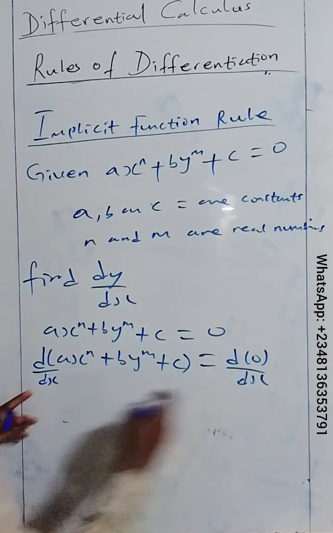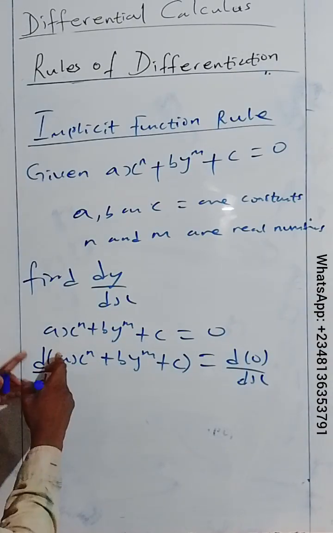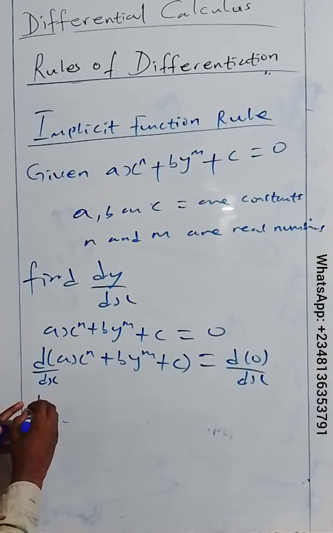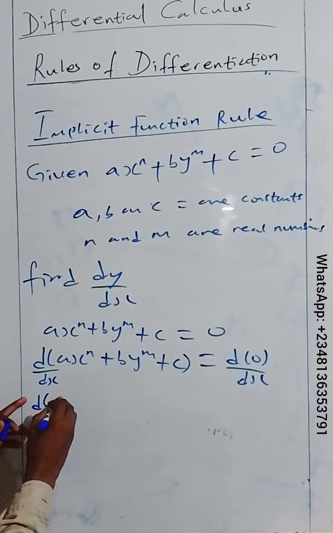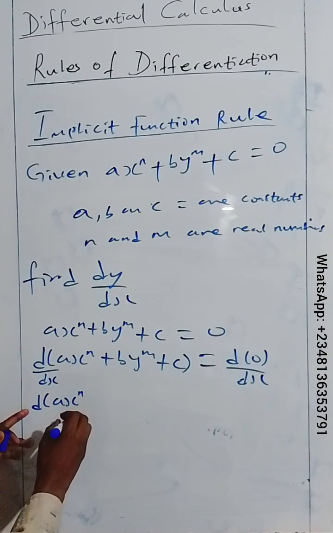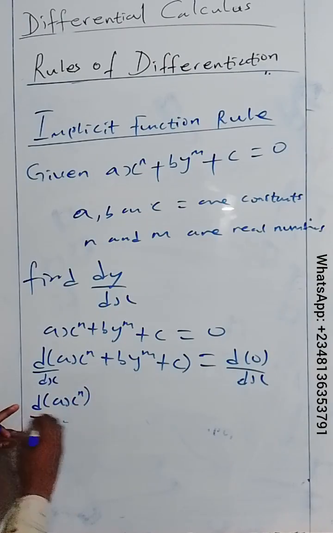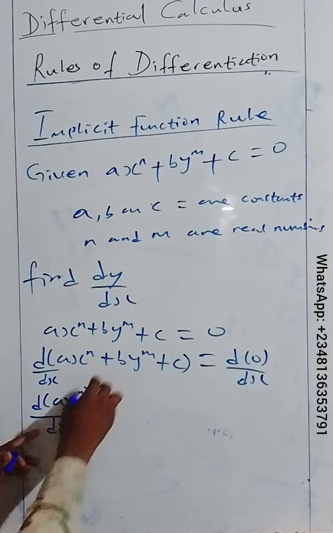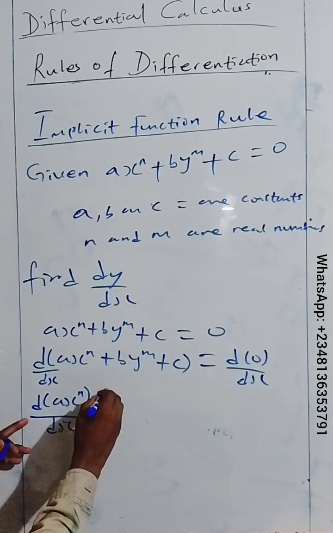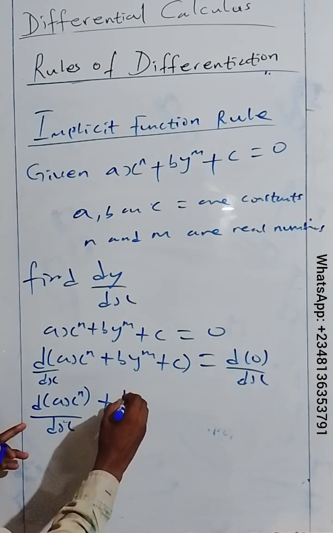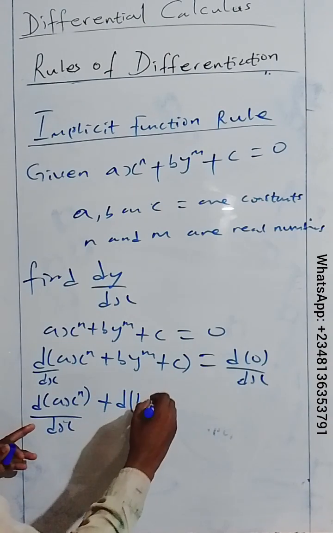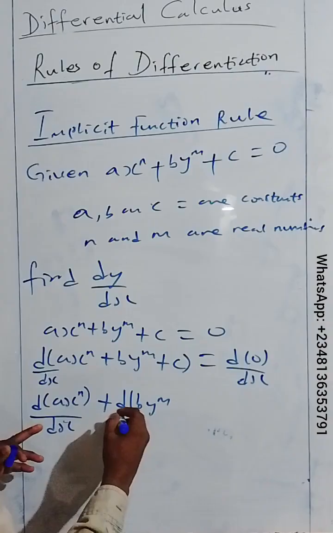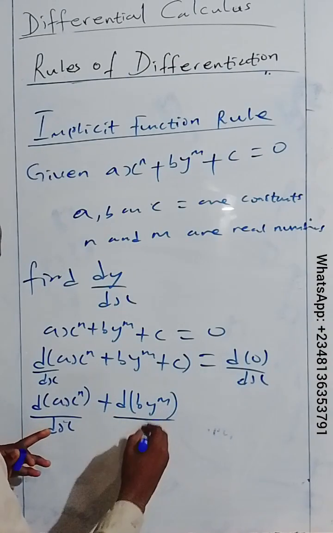We can now split this, so we distribute the derivative sign. We have d of a x raised to the power n over dx, plus d of b y raised to the power m over dx.